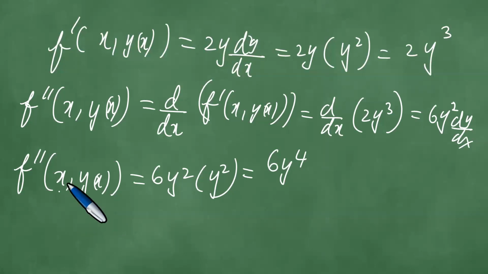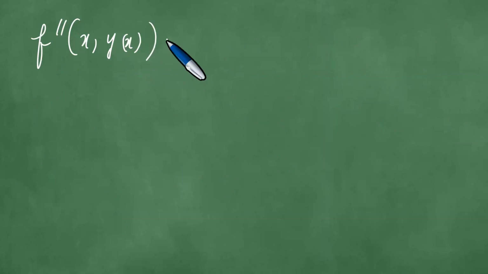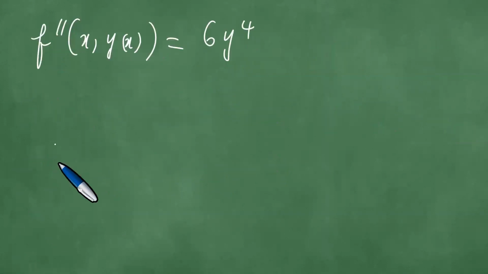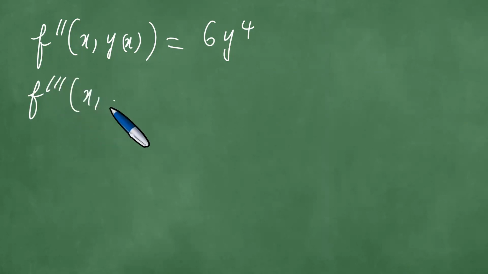Okay, we need the third one. So we have that the second one is what? 6y to the fourth power. And then we need the third one, like this.